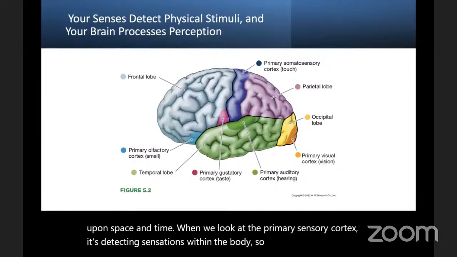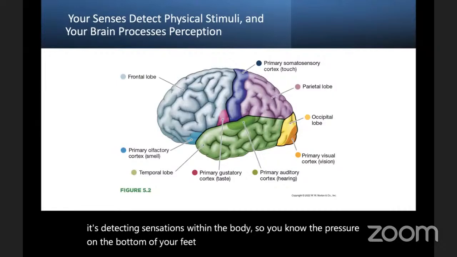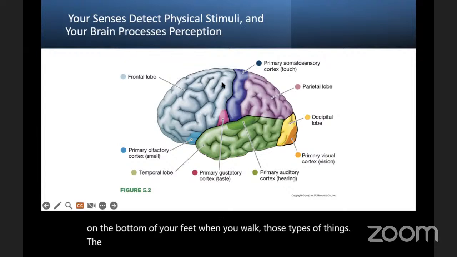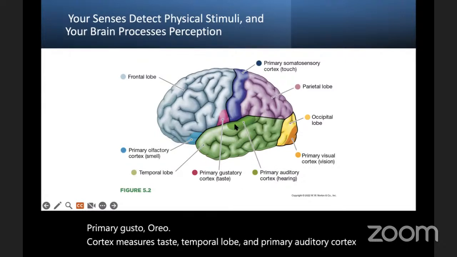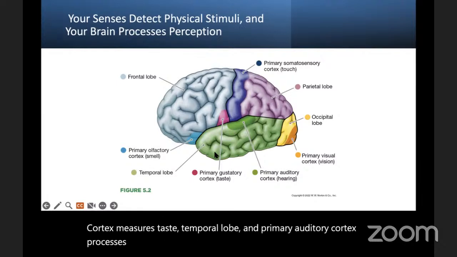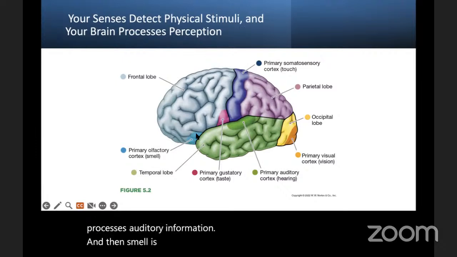So, you know, the pressure on the bottom of your feet when you walk, those types of things. The primary gustatory cortex measures taste. Temporal lobe and primary auditory cortex processes auditory information. And then smell is detected in this area, okay?